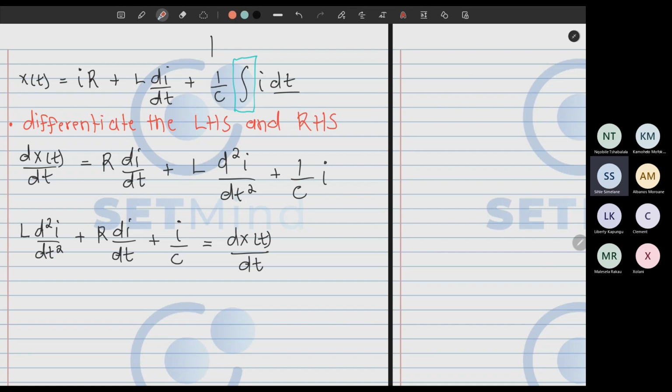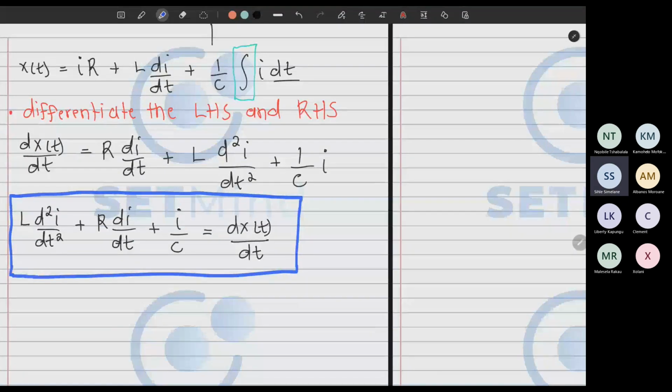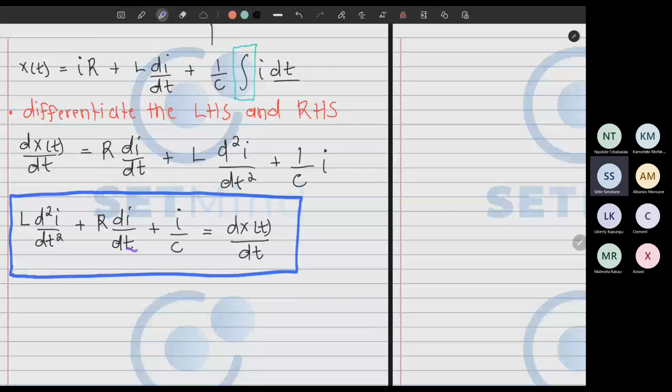And this is what we call a differential equation. Should look familiar. This is just the second order differential equation. Why differential? Because we have a lot of these dt's. The equation is in terms of those. So this is a differential equation.